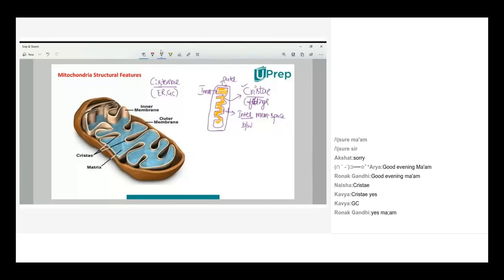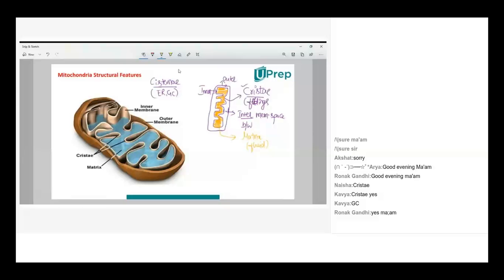Matrix, yes. So this is the fluid matrix. So far we discussed this structural aspect.